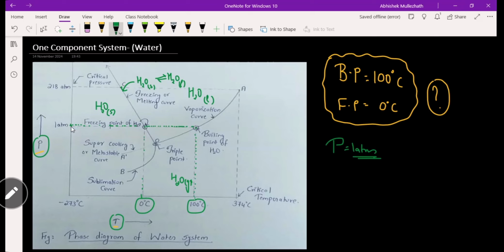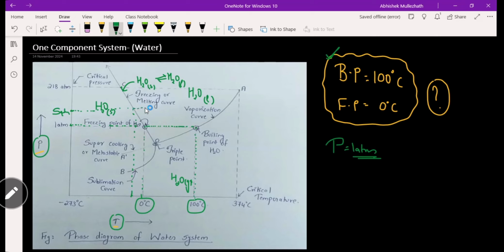Now, what if I'm slightly increasing the pressure, and let us assume now our pressure is 5 atm. Now, what do you think? Will the boiling point and freezing point be the same? Let us see. So 5 atm, I am again extending this line. It will meet the freezing curve. And if I am extrapolating this to the temperature axis, so you can see that it is not meeting at 0 degrees Celsius now.